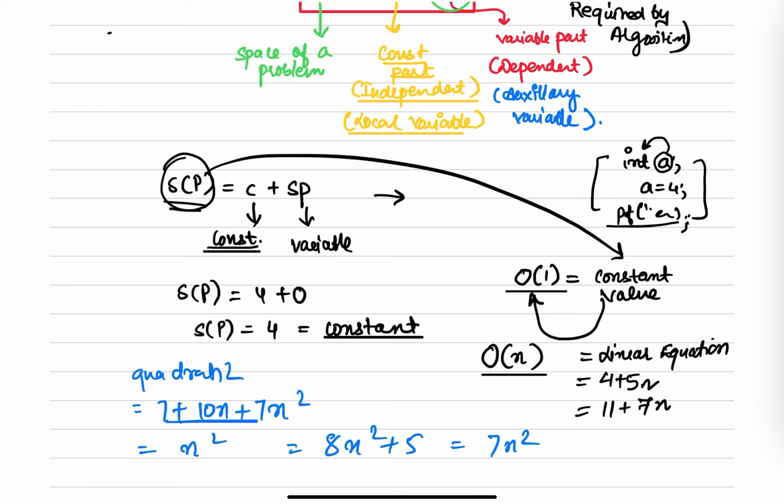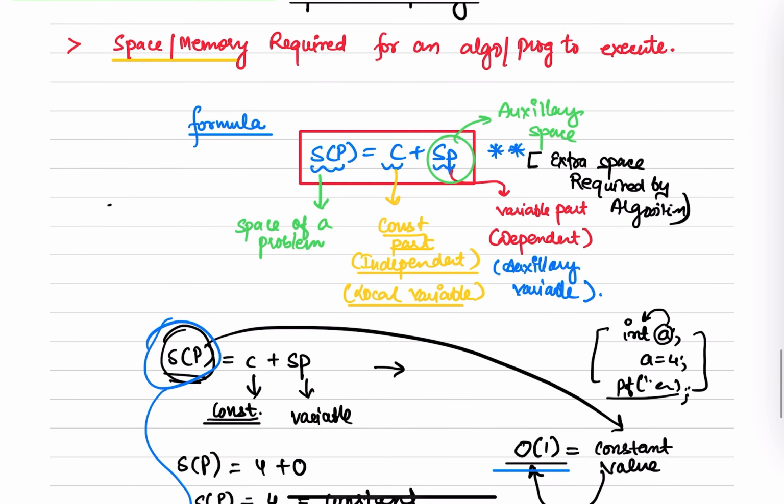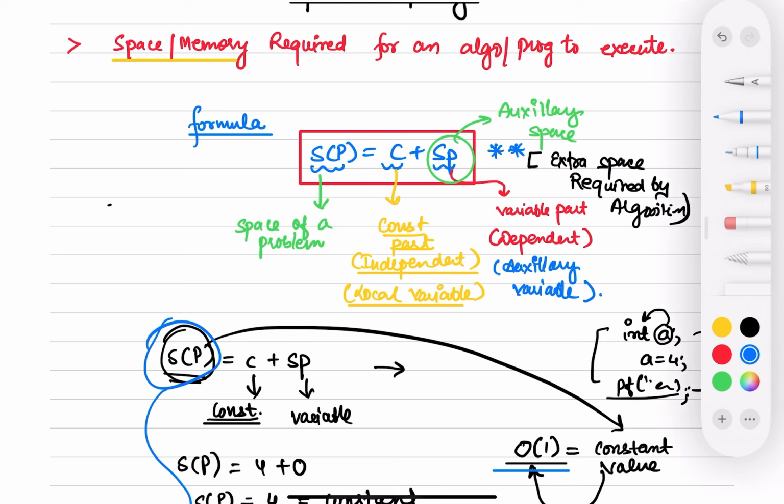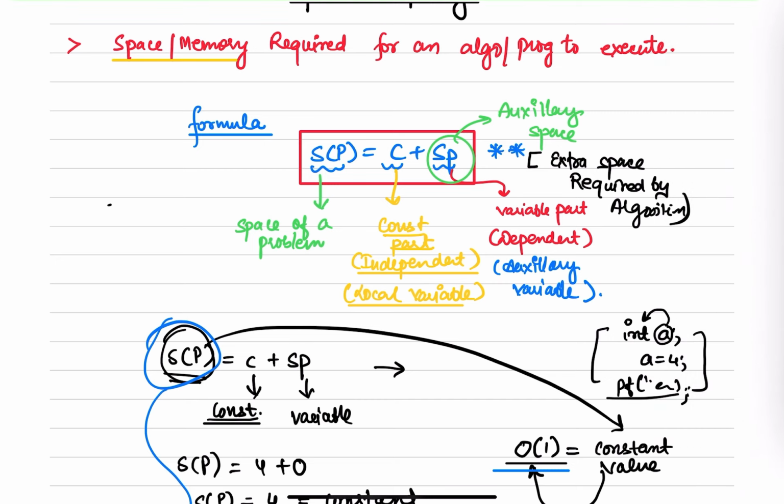In this kind of situation, if you get S(P) in this format, then you are going to define big O of n square as the space complexity. I think this basic is clear to you, right? Let me reiterate, I should not go beyond the agenda of the video. It is to let you know what the formula of space complexity is.